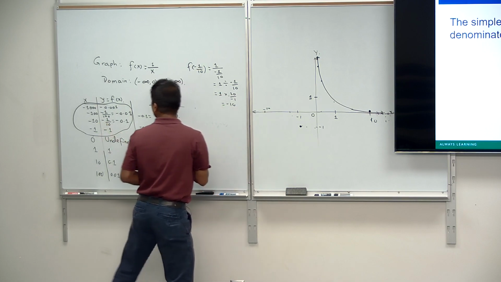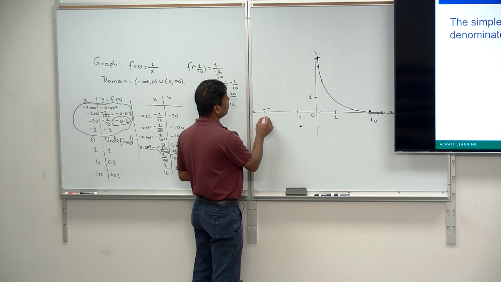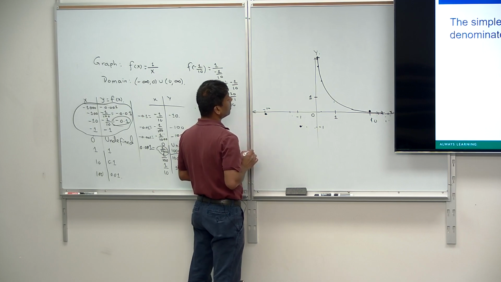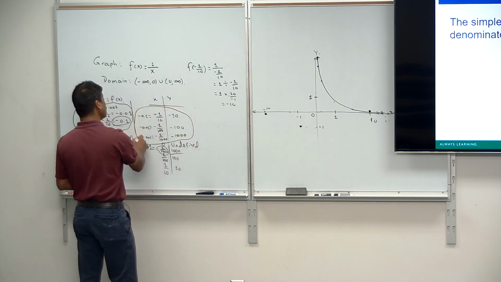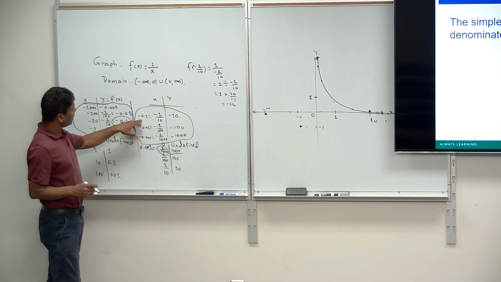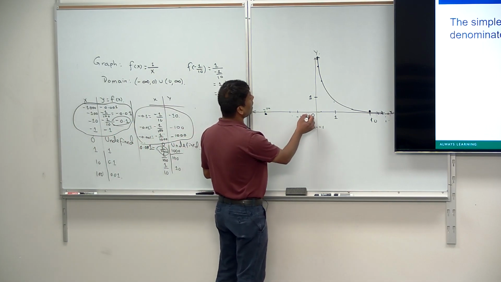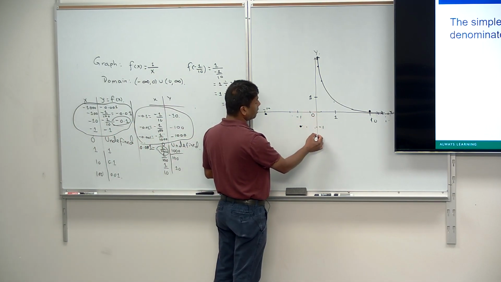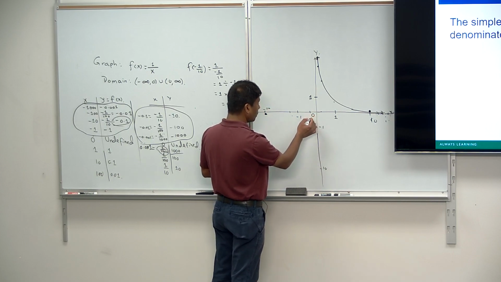You see that? Negative 0.1 is somewhere here. Pretty close. And now the interesting thing here, guys, is that if x is negative 0.1, it is negative 10.